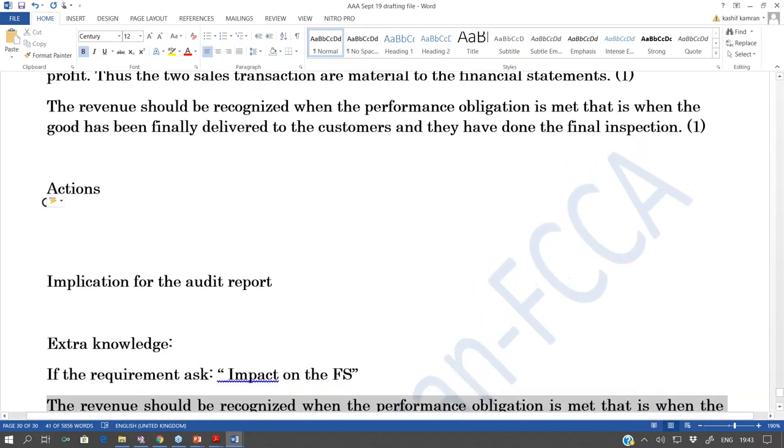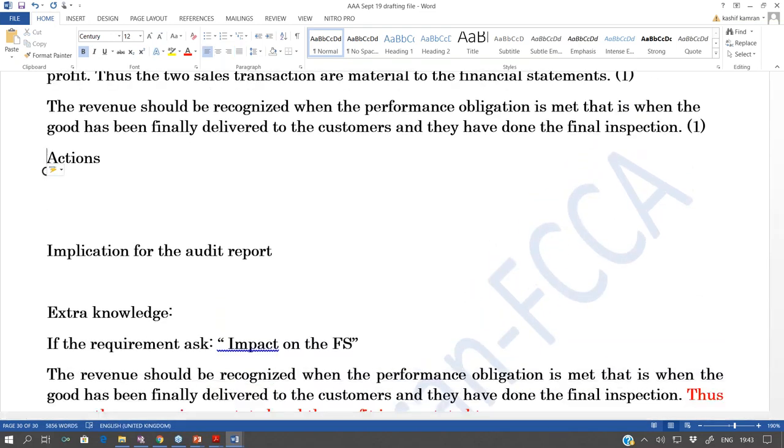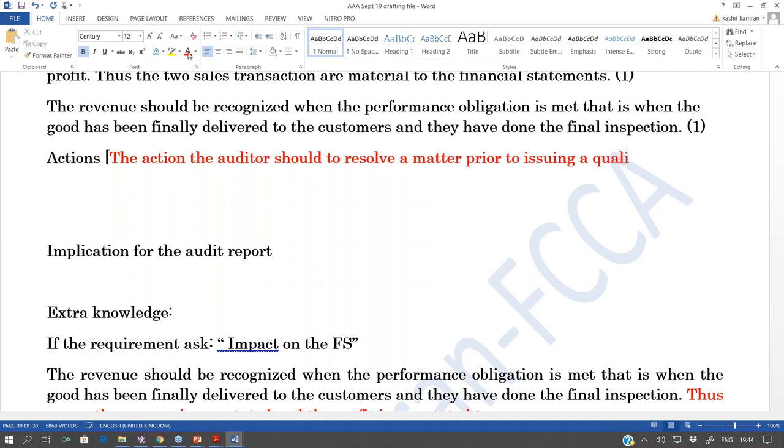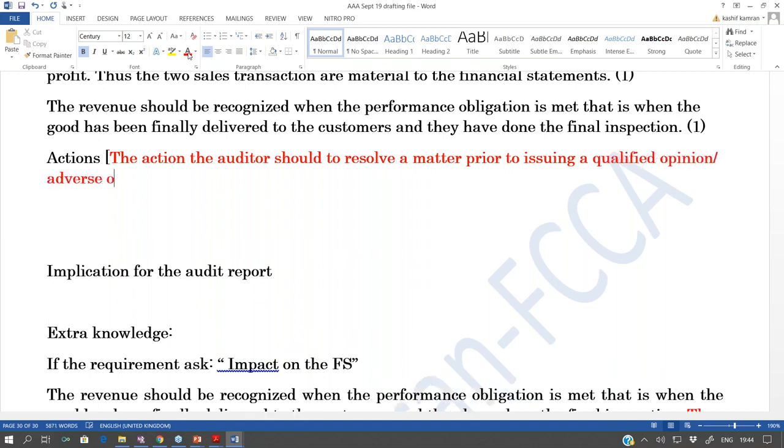Actions. Now, actions. What is the meaning of the word actions in a question on reporting? Try to understand that. The meaning of the word action is the actions the auditor should take to resolve a matter prior to issuing a qualified opinion, or prior to issuing an adverse opinion, or prior to issuing a disclaimer of opinion.